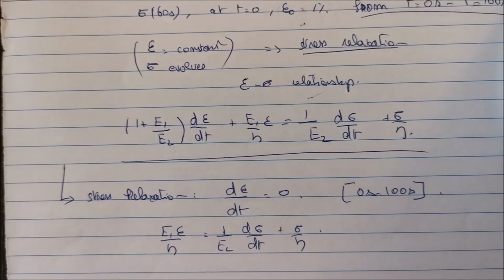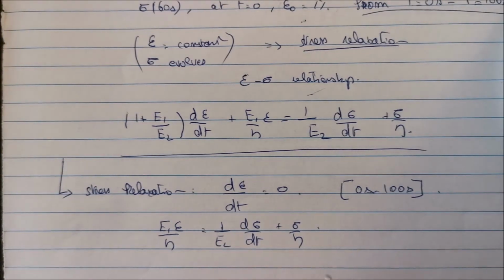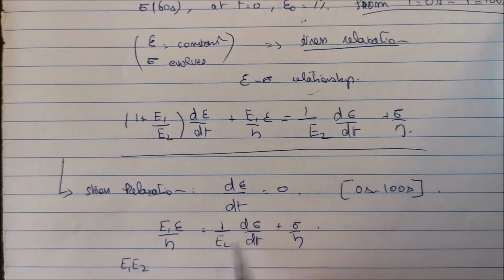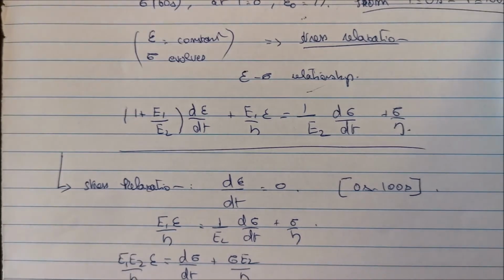So we can just express this by multiplying everything by E2, to obtain a form where the derivative is not multiplied by anything. This is just a way to get to a form that is easier to solve.